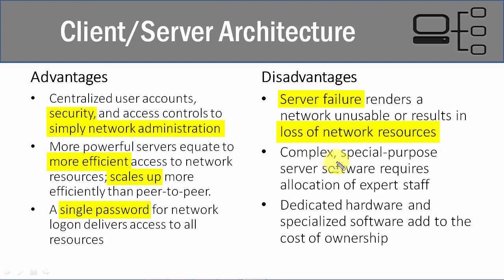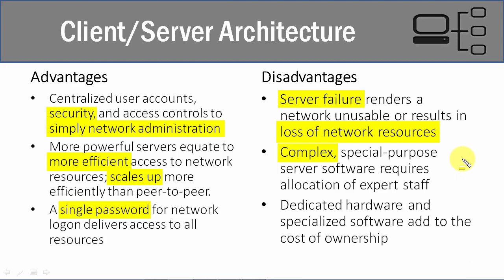Now, another issue is the complexity. A client-server architecture is a lot more complex than the simple peer-to-peer architecture. You can't simply go down to Best Buy or go onto Amazon and buy 4 of the same laptops and set up a client-server architecture. You have to go to HP or Dell and purchase server hardware and server software to set that up.